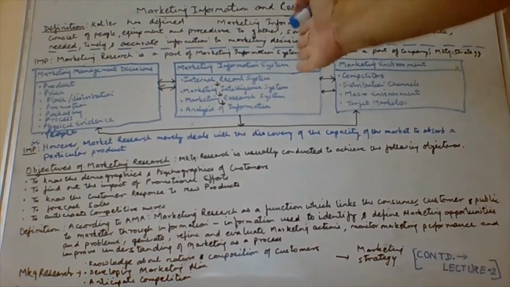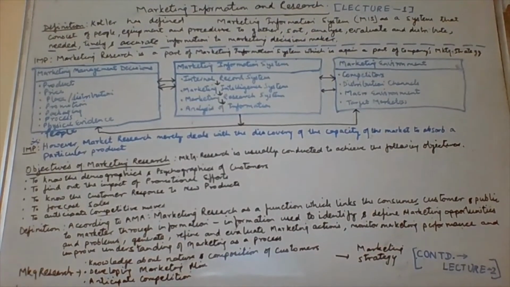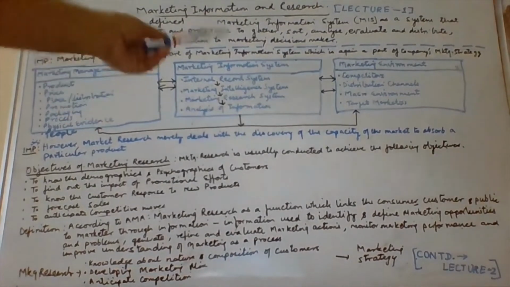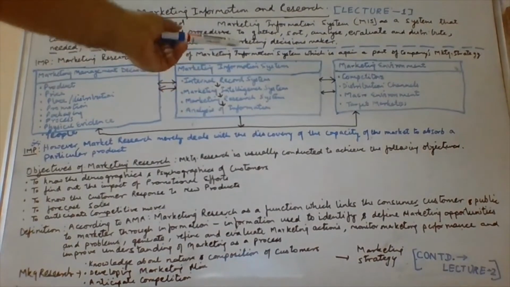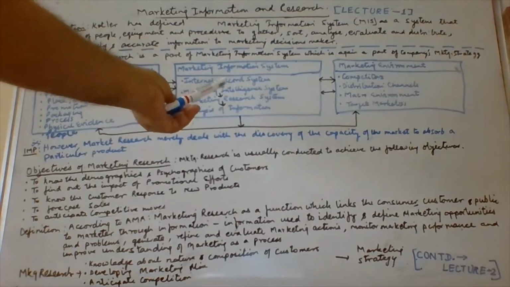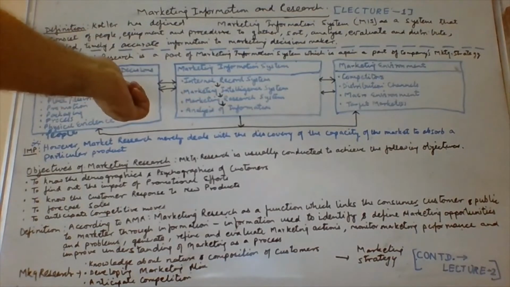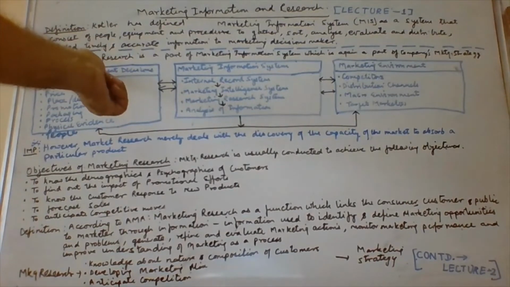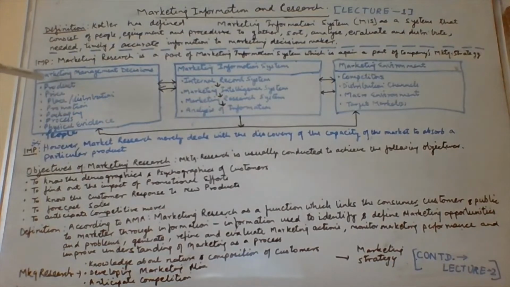On the basis of these, if we analyze and work on this, it will provide information relevant to management decisions on various aspects: the various P's, that is product, price, place, promotion, packaging, process, physical evidence, and people.